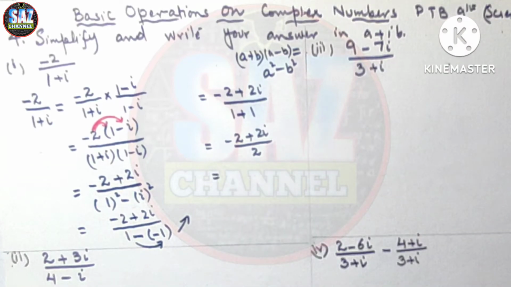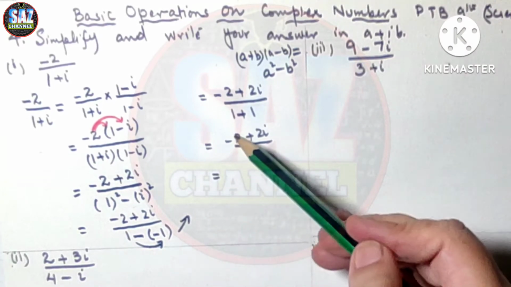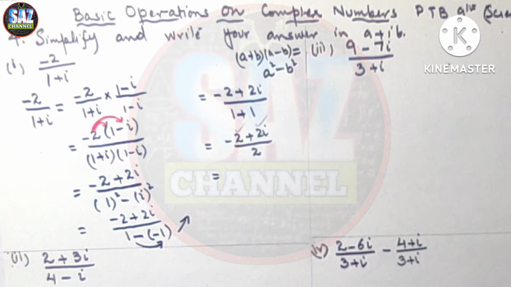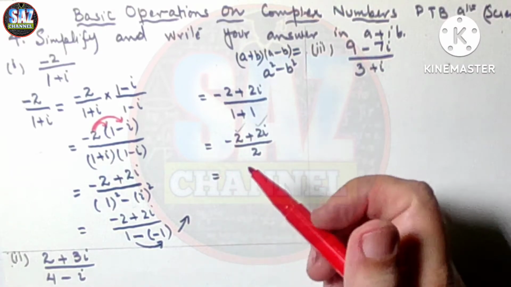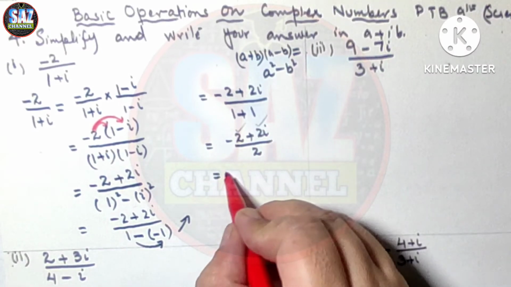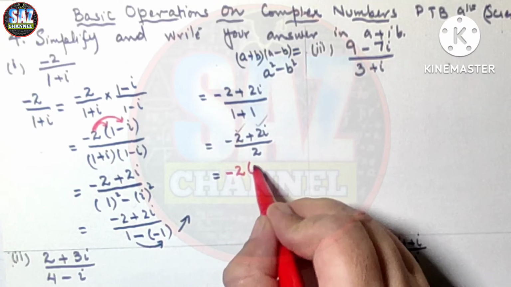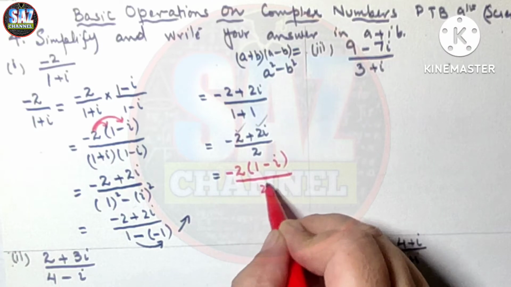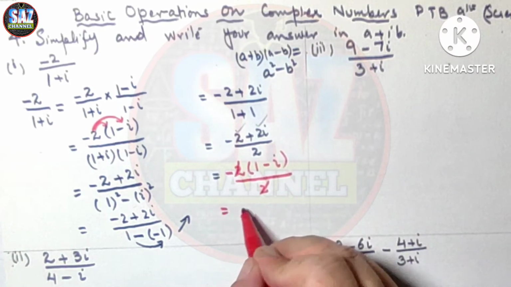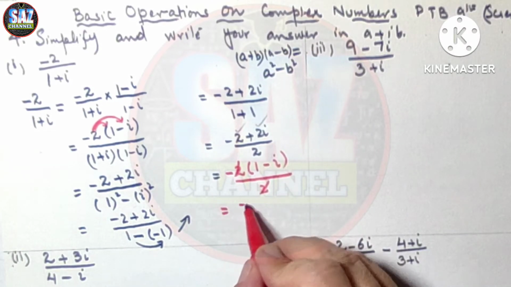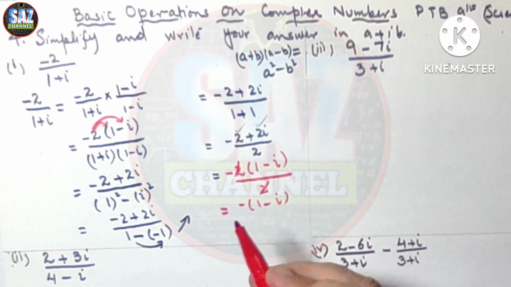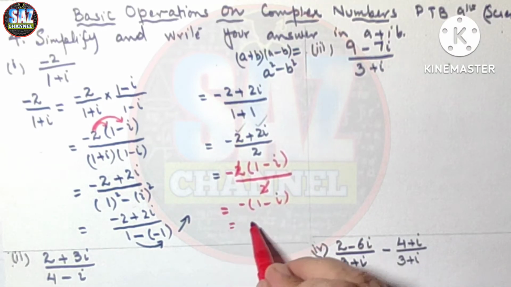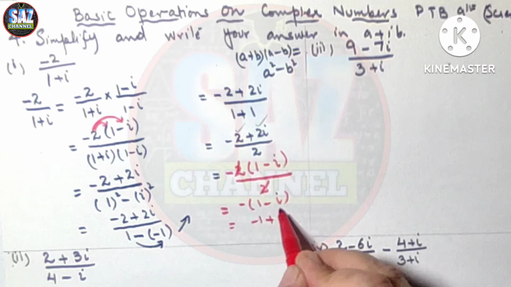So look at the numerator: it has the common factor 2. I can pull out either 2 or minus 2 as the common factor, and I will have 1 minus iota by 2. The 2 will cancel with this 2, and I will have minus 1 minus iota, or it can be minus 1 plus iota.